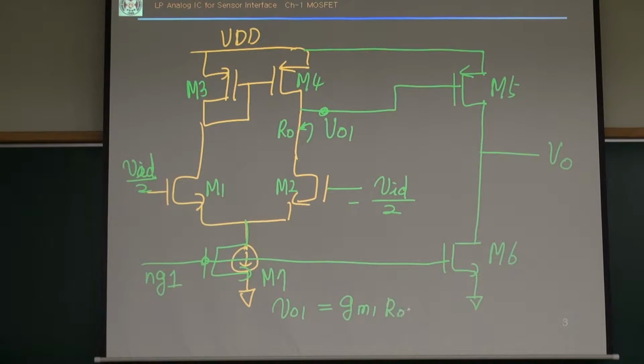My VO is just minus GM5 times RO times VO1. This is my RO. This small signal output resistance is just RO5 parallel RO6.